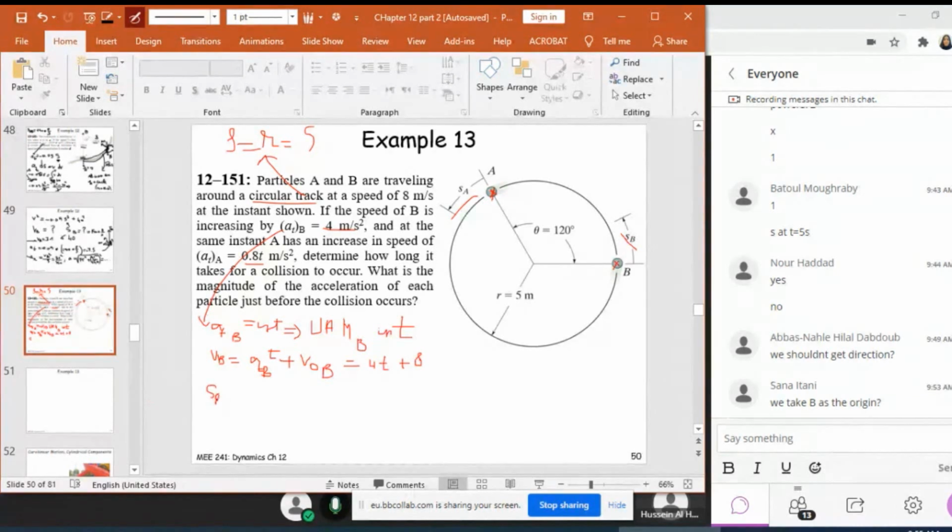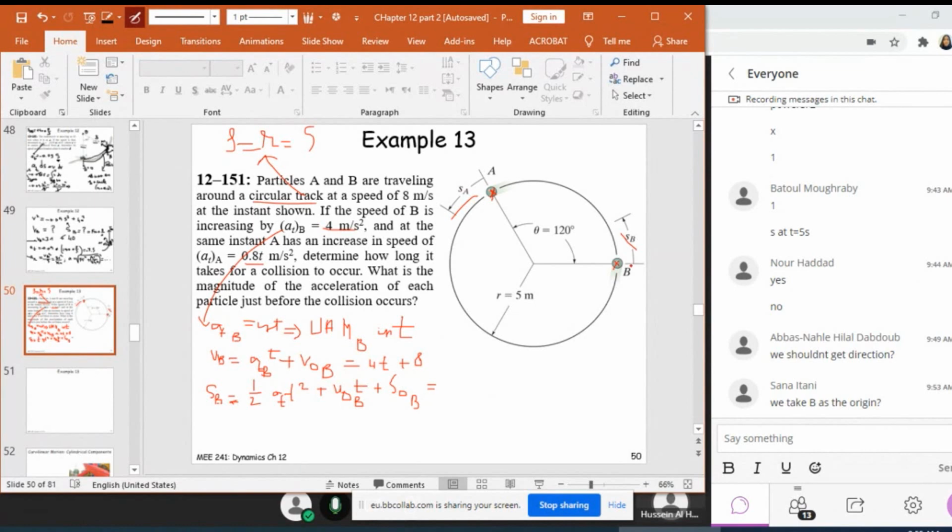Now, how can I find sB? I'm going to apply directly the equation of uniformly accelerated motion, which is half aT squared t plus v0B t plus s0B, right? So what is sB? It is half aTB t squared, plus v0B t, plus s0B. Don't forget the tangential index, because this is not applicable to the normal direction.